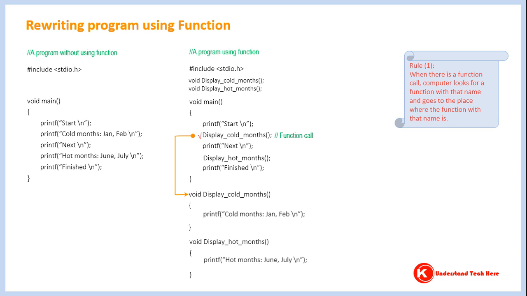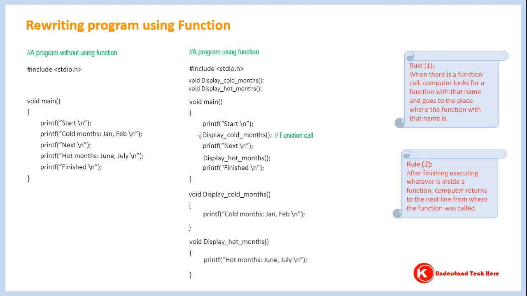Now inside the function display whole month, there is one line. Because of this, you will get whole month on screen. There is no more thing to do here. Now another fundamental rule of functions.